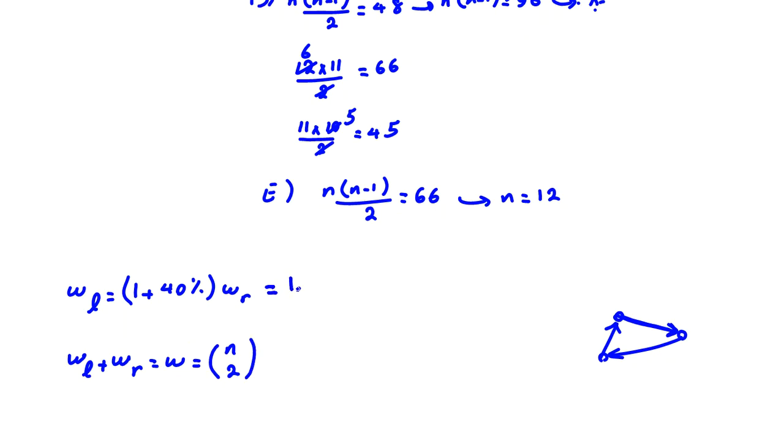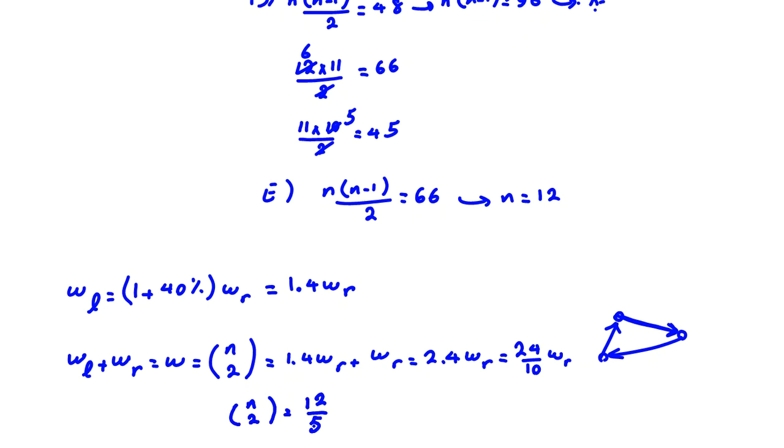WL is 1.4 WR, so WL plus WR is 2.4 WR, which is 24 over 10 WR. So N choose 2 is 12 over 5 WR. Multiplying both sides by 5, 5 times N choose 2 equals 12 WR.